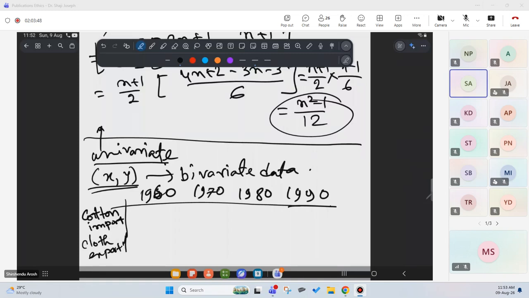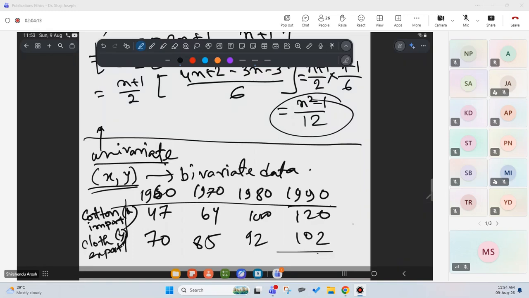Could be 12 values. So cotton input I'm saying is X, cotton cloth export I'm saying is Y. And on the basis of these two parameters, I can find out some numbers, with some units. So this could be any numbers.